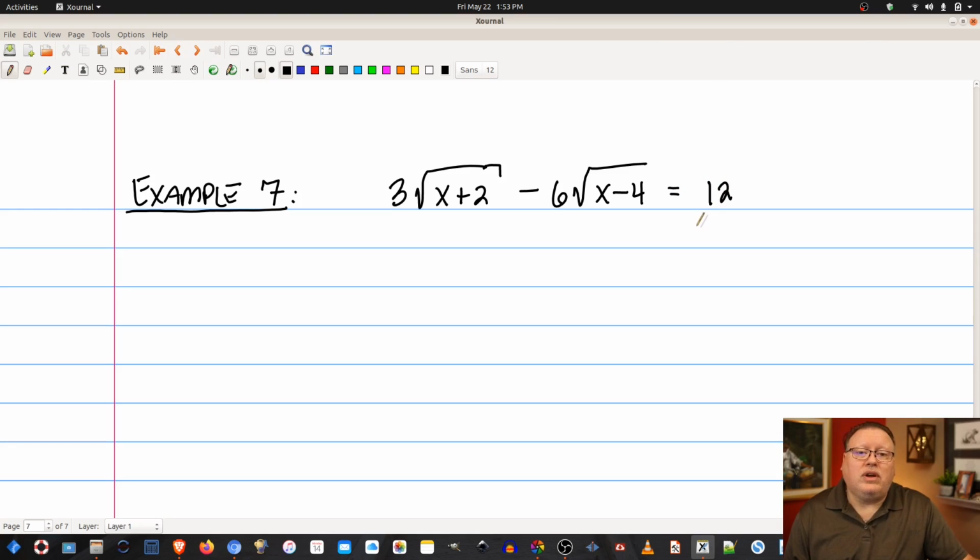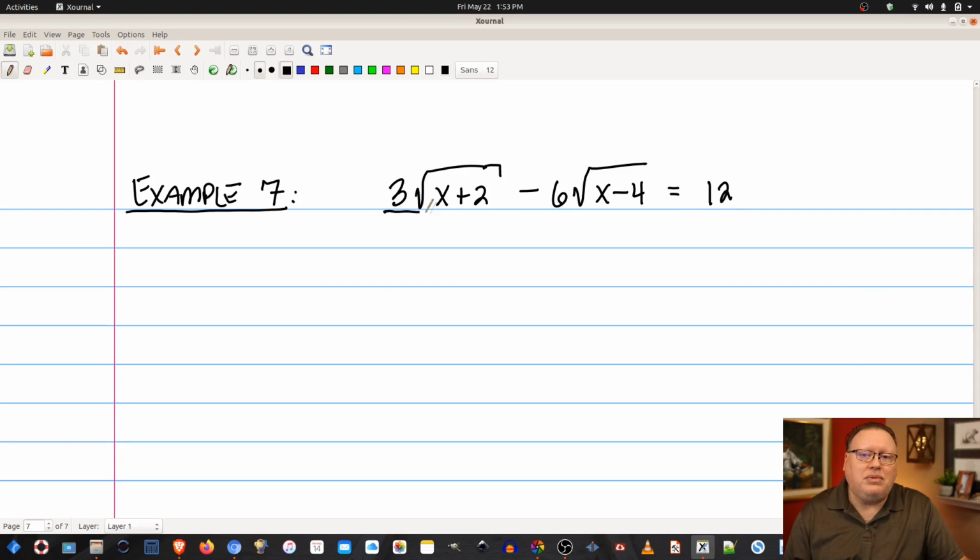Okay, so we got 3 times the square root of x plus 2 minus 6 times the square root of x minus 4 is equal to 12. And we want to solve this. So first of all, I notice I have 3 is a factor of everything.